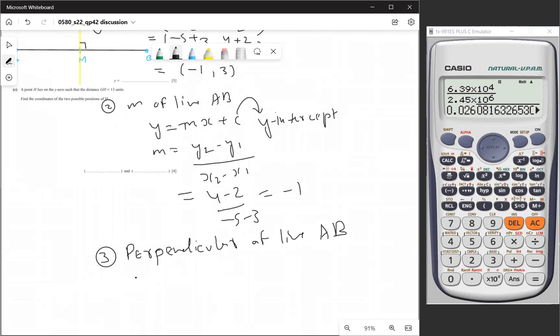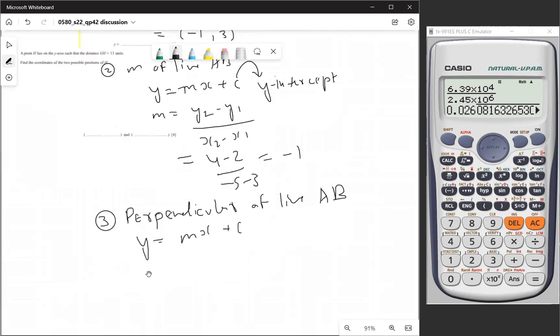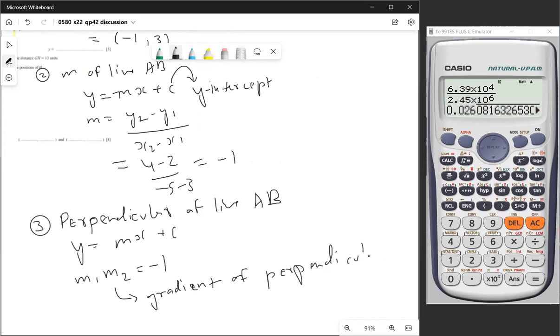First thing you have to find is, again, y equals mx plus c. You have to find the m and the c now. M1 times M2 is equal to -1. M2 is the gradient of the perpendicular bisector.